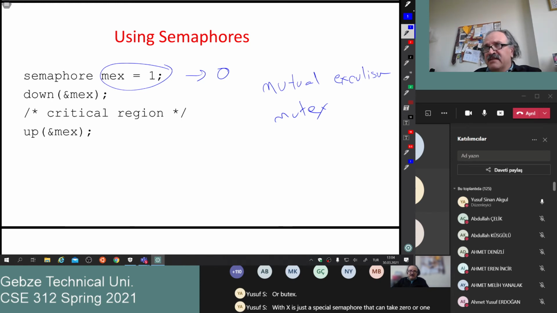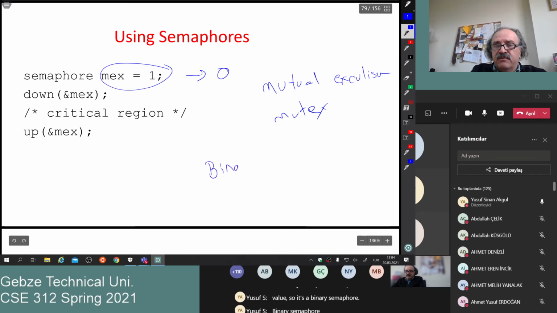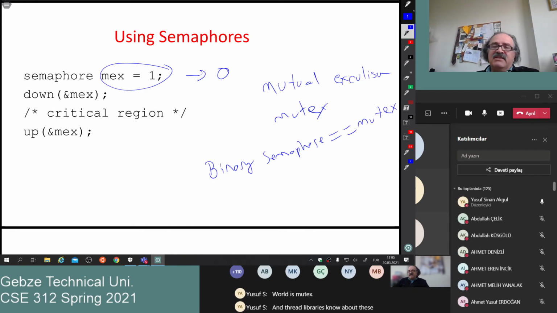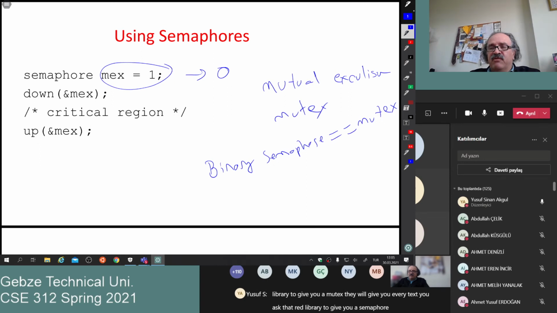So it's a binary semaphore. Binary semaphore is mutex. And thread libraries know about these. You ask the thread library to give you a mutex, they will give you a mutex. You ask the thread library to give you a semaphore, they will give you a semaphore. Semaphores are for counting, mutexes are for 0 or 1.